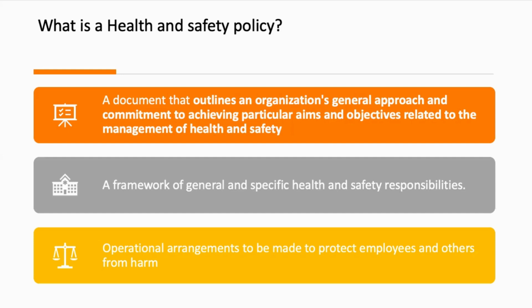That means that the management assigns responsibilities to all the staff under their responsibility at each level according to their competence. And third, the organization has to make some arrangements to fulfill all the requirements of the policy.